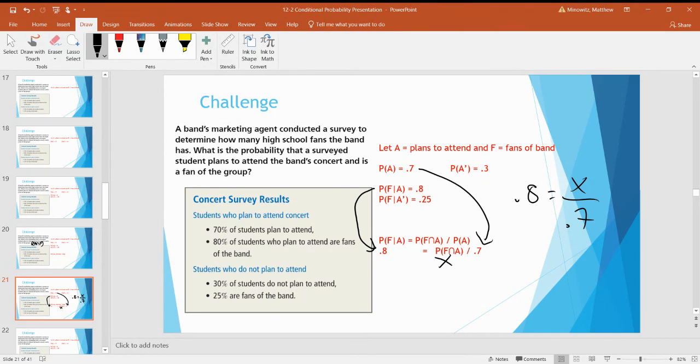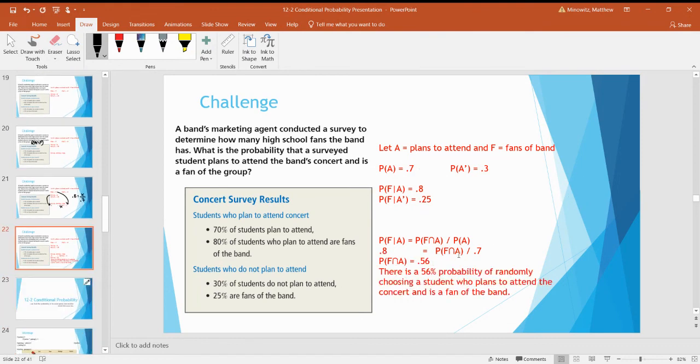Probability does have some algebra in it where we have to solve. So we're going to multiply both sides by 0.7 to get rid of the denominator, which I did here. And the probability that they're a fan and they're attending is 0.56, which is 56%. So given a random student, out of all of these students, there's a 56% chance that they're a fan and they're going to attend. And we can calculate that using the conditional probability formula.